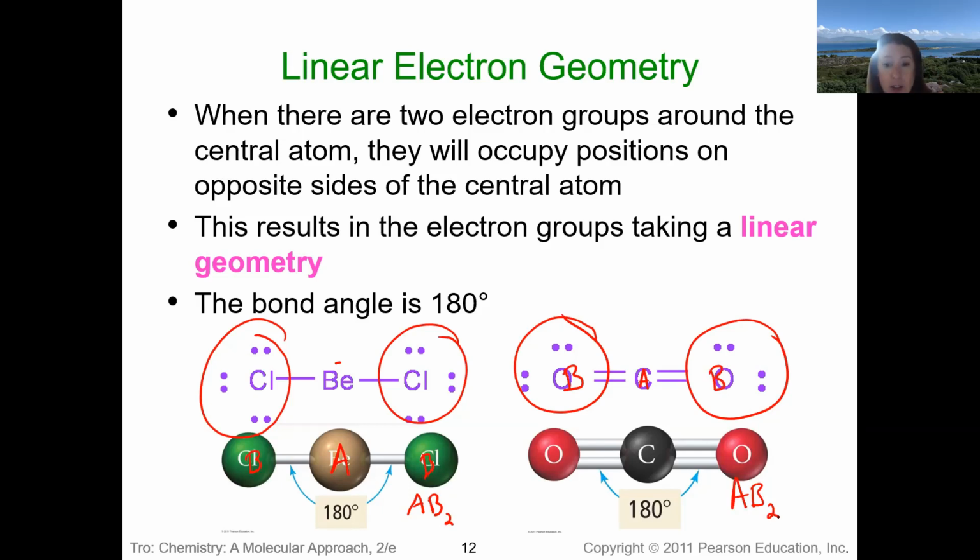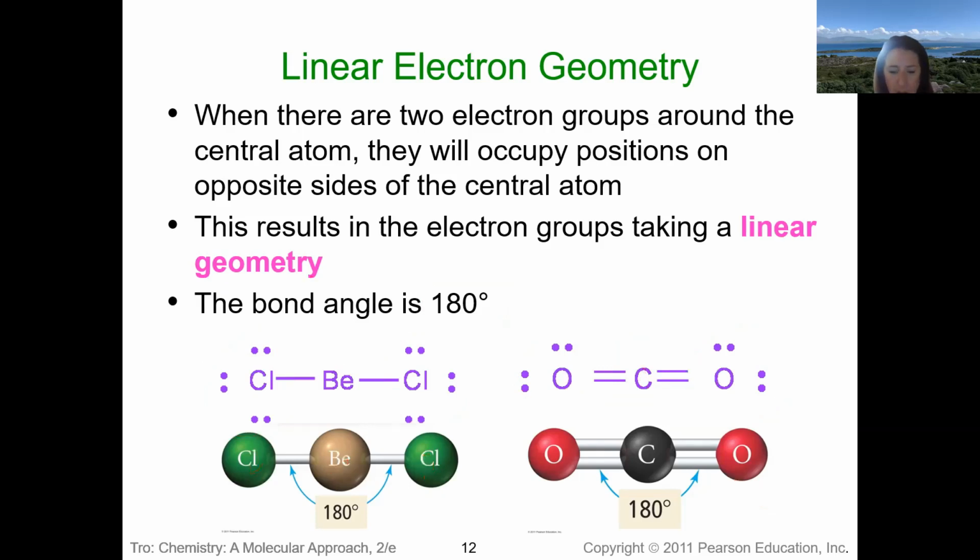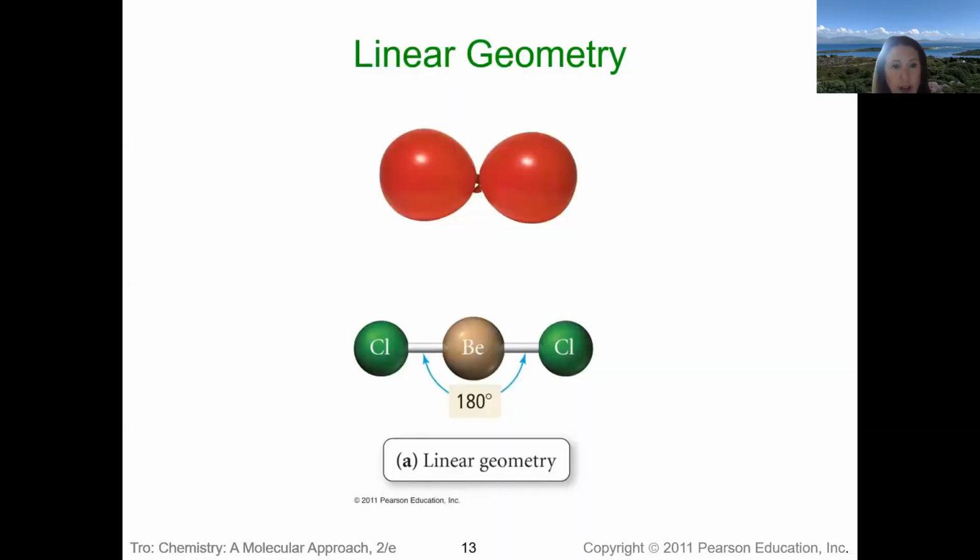Any atom that has the structure AB2 is going to be linear in geometry, meaning it looks like a line. The bond angle in between these atoms is 180 degrees, right? It makes a 180-degree bond angle. So AB2, or sometimes instead of B, we call it X. It doesn't matter. I call it B because it's a bonded atom, but whichever one of those works.